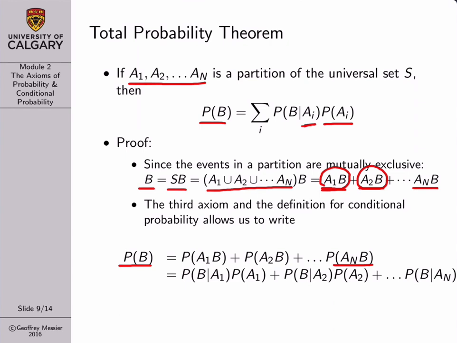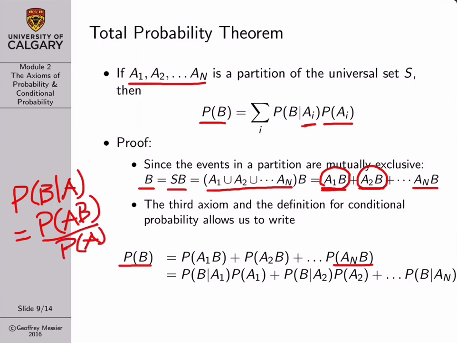And then just using the definition for conditional probability, we know that the probability of B given A is equal to the probability of AB over the probability of A. So just solving for this numerator allows us to write the total probability theorem in terms of this.